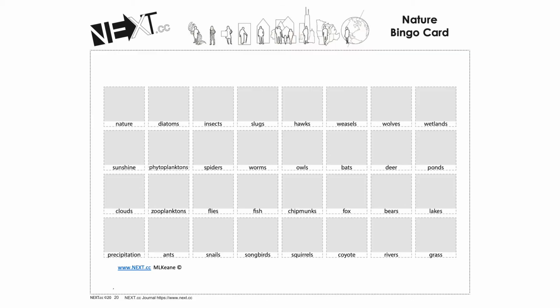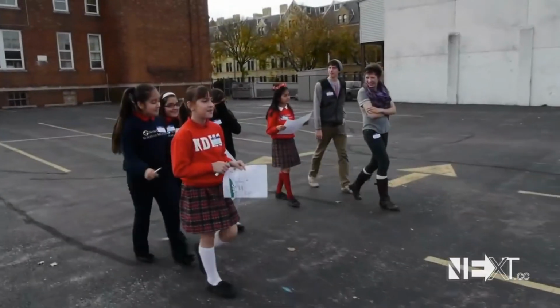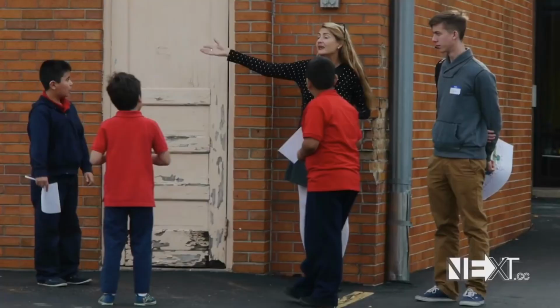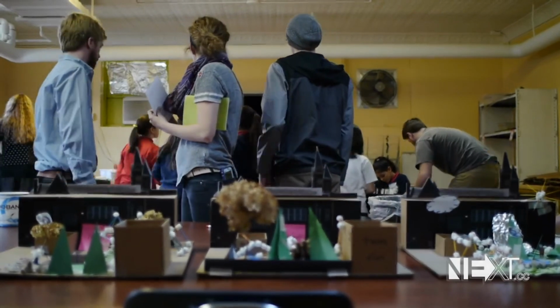So we've created a nature bingo card for you to use, and you can change the names based on your biome. And then you can connect the environment bingo card of what people have contributed to the area. Most importantly, students are encouraged to draw nature back into play.